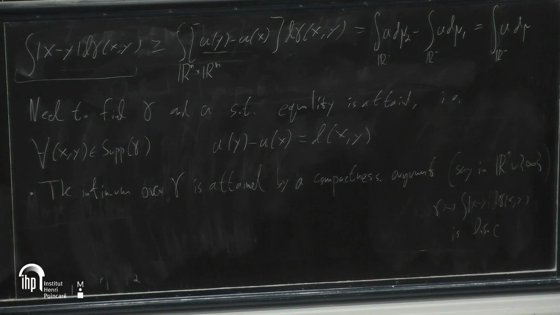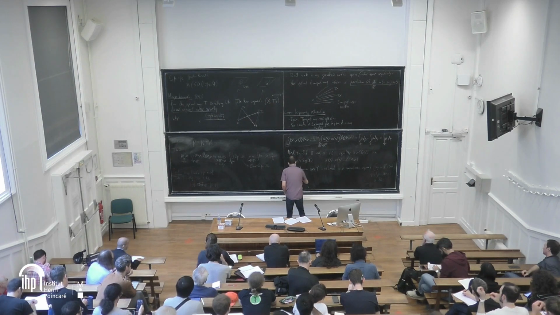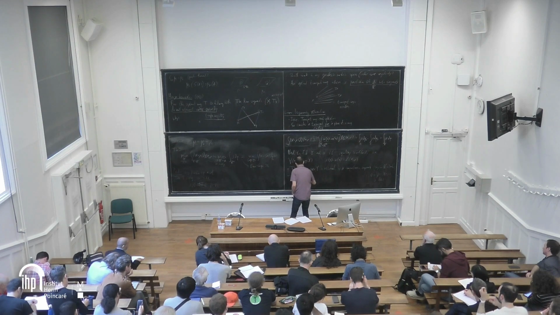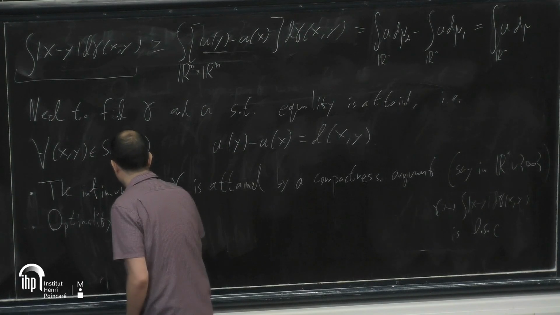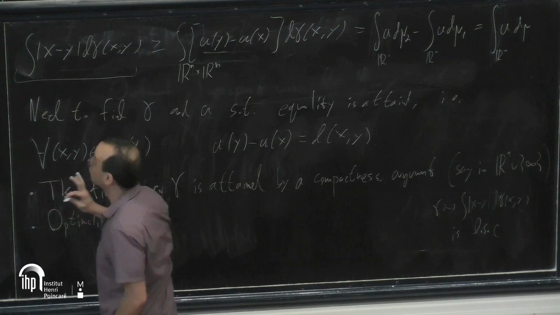Once you know it's attained, let's understand the optimality of gamma. So what are the optimality conditions for the minimizer? This is pretty much like this Monge heuristic a bit.